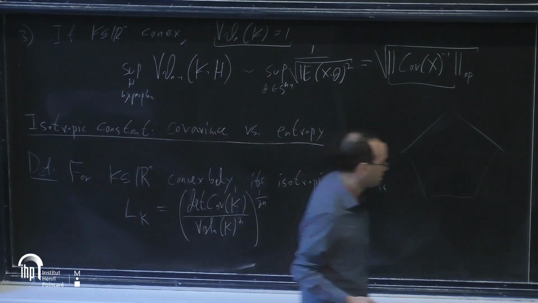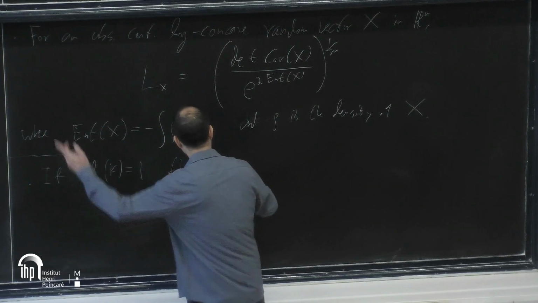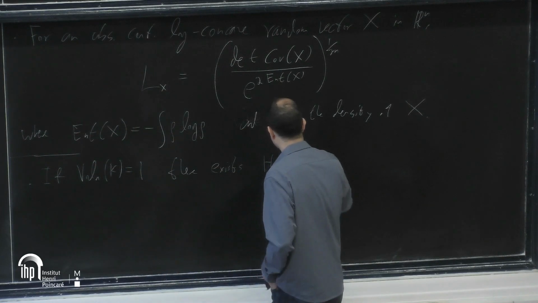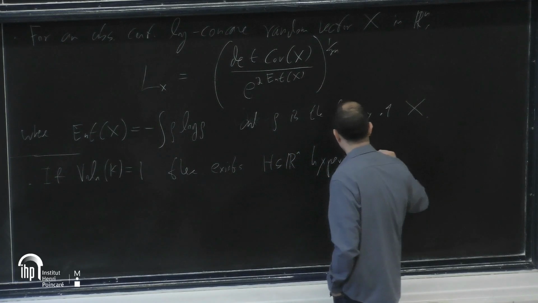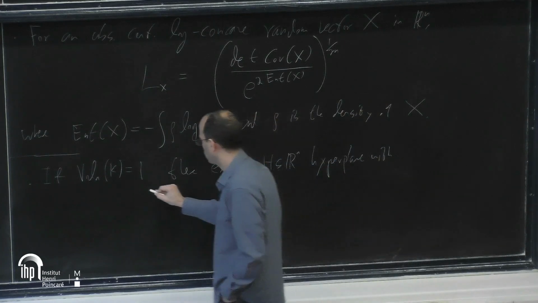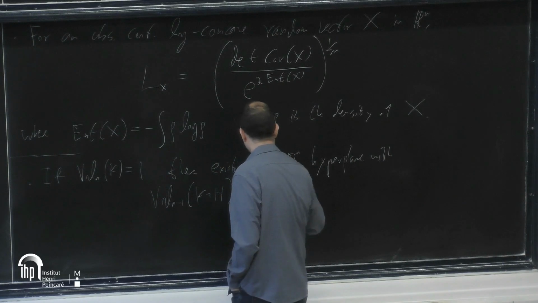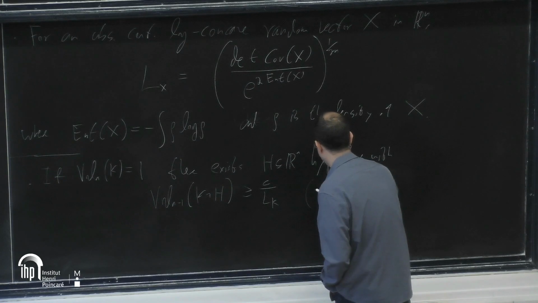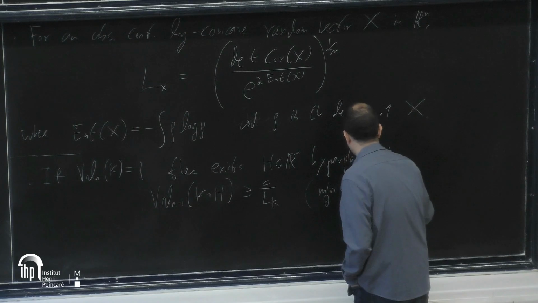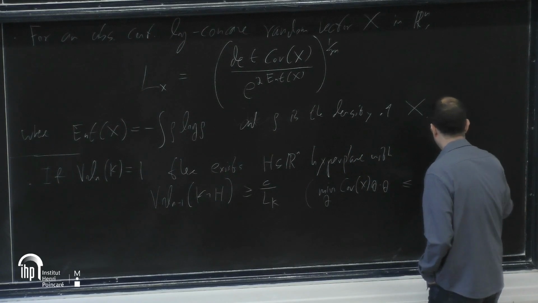And what you get is that there exists a hyperplane section, by what we wrote above, such that the volume of the section is at least L_K. This is just because the minimum over theta of the covariance of <X, theta> is at most the determinant to some power.